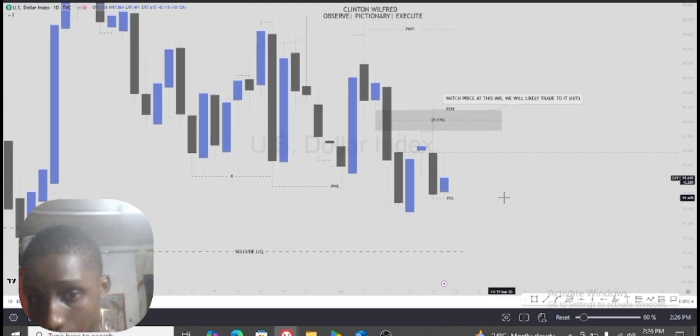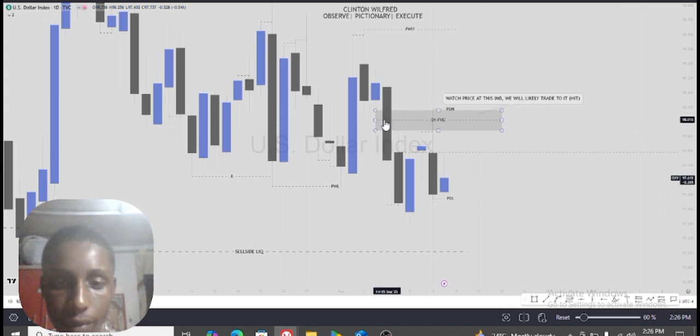So right here on DXY, you can see price displacing. This was NFP, I feel. On the other major pairs I just showed you, we had some bullish FVG, bullish imbalance and displacement, and same thing here on DXY.